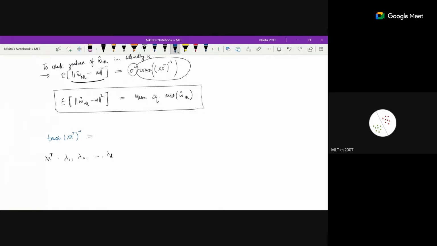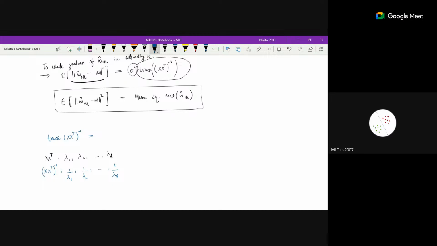The trace should be the sum of the reciprocals, 1 by lambda i. If we have to find the eigenvalues of XX transpose inverse, they would be 1 upon lambda 1, 1 upon lambda 2, and so on till 1 upon lambda d.